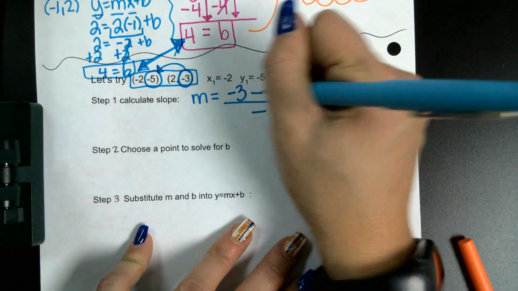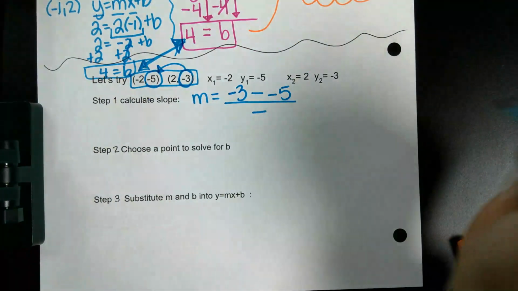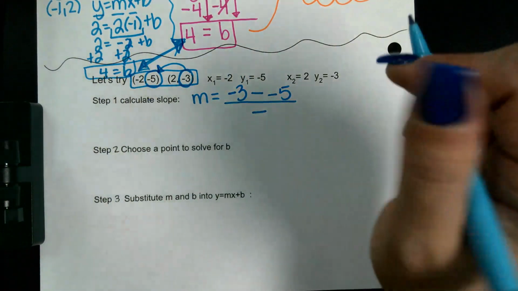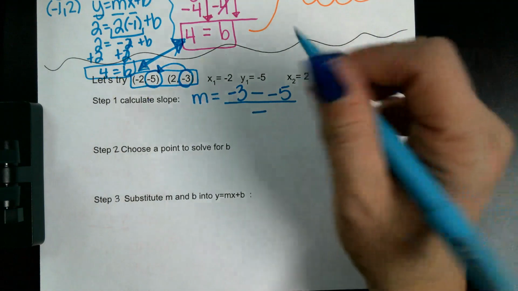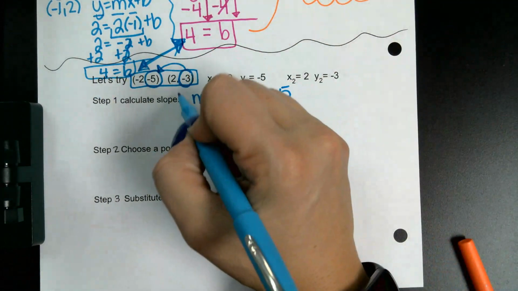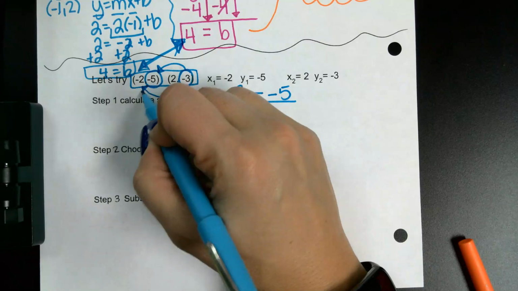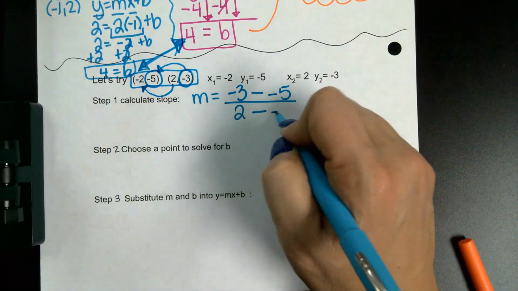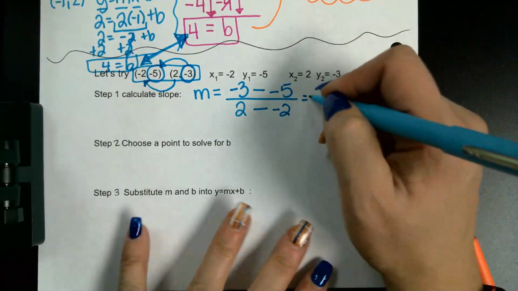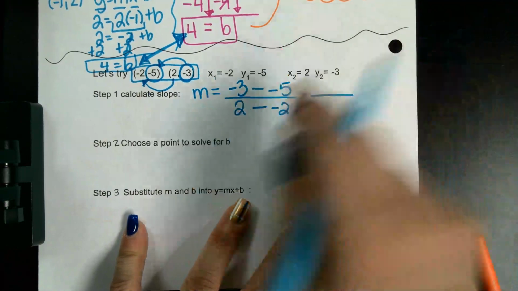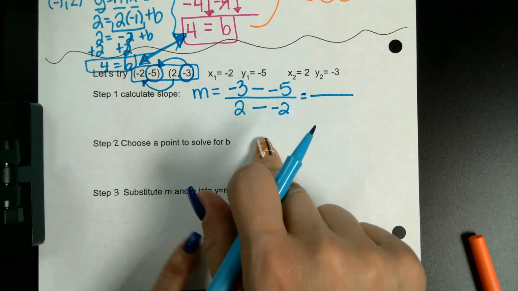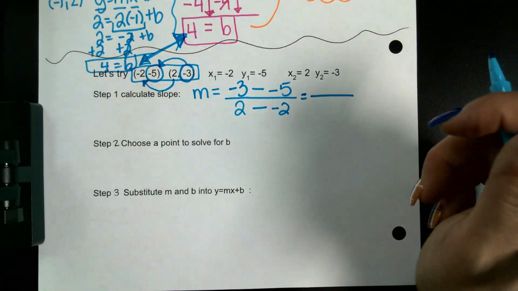Negative 3 minus negative 5. And then on the bottom, what would I write? 2 minus negative 2. So this is a time when both the top and the bottom have minus a negative.